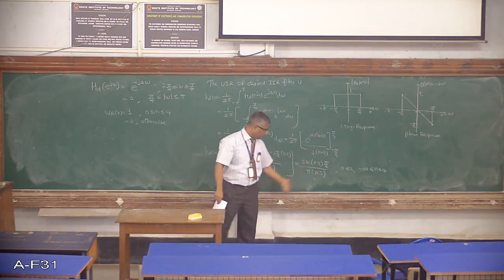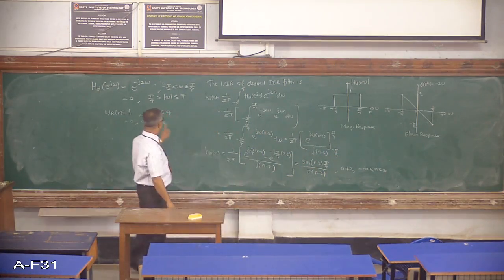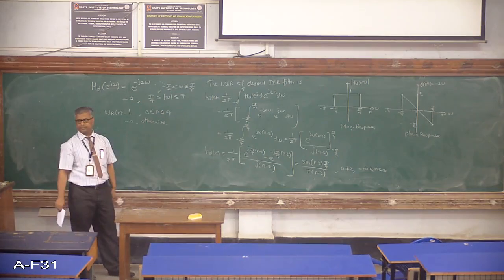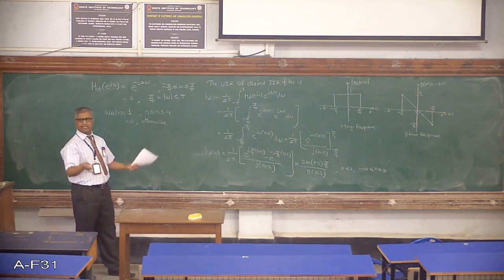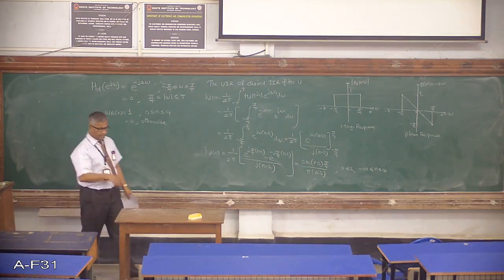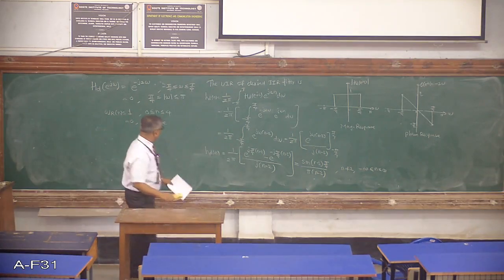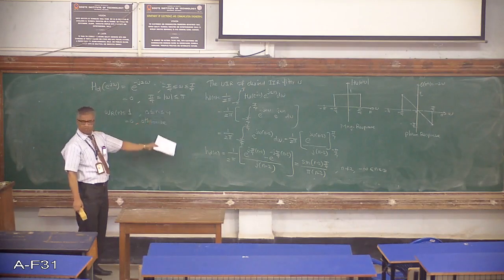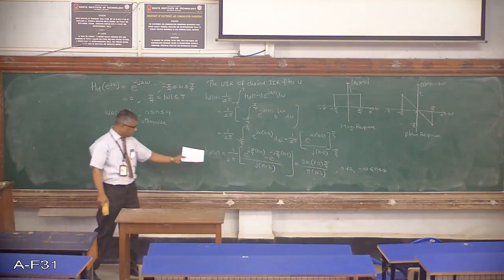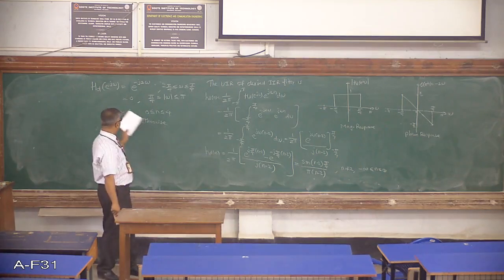Now we can truncate this using a rectangular window of size 5. It is a similar procedure to what we did yesterday, but here let us do the computation. We will find the filter coefficients, that is the impulse response of the FIR filter, by truncating hd of n, multiplying it with this window.